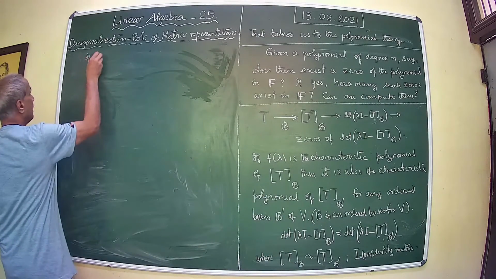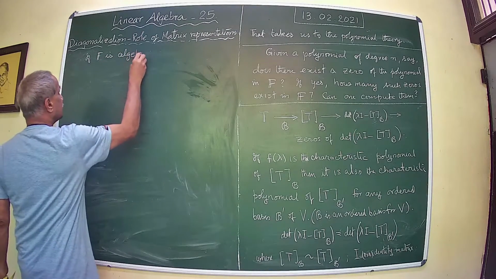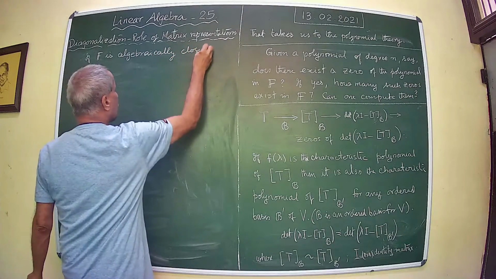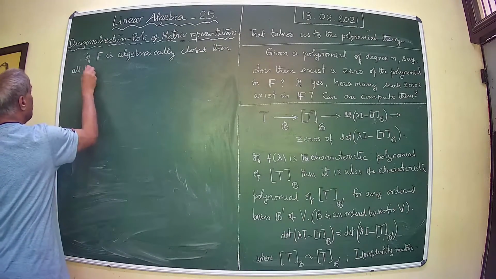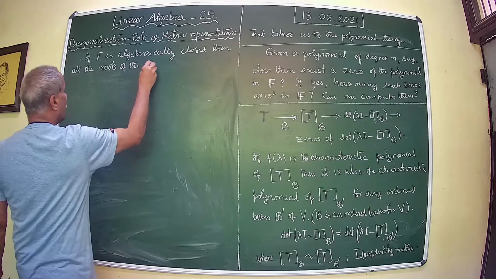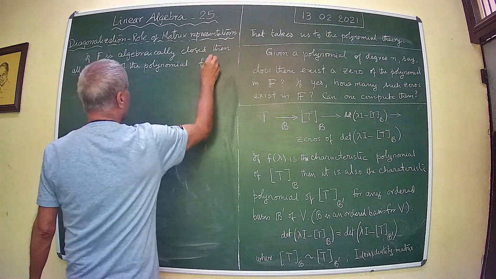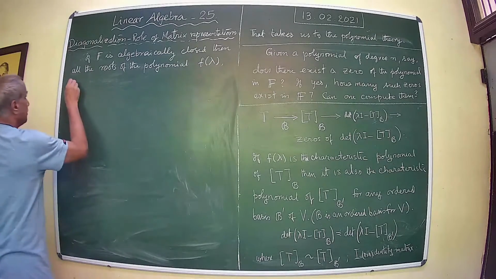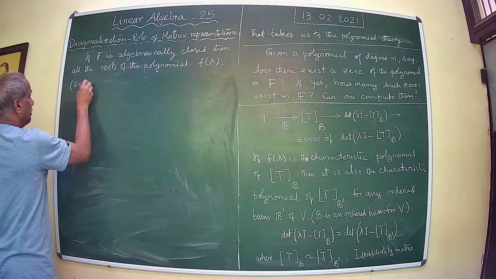If F is algebraically closed, then all the roots of the polynomial, that is the same as what are called the zeros of the polynomial, exist in F.